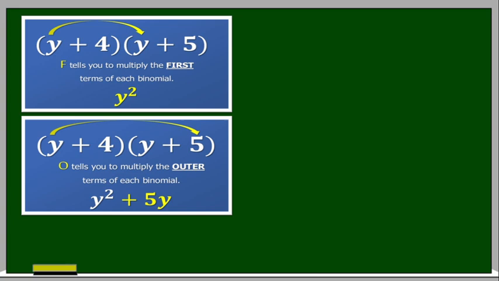O tells you to multiply the outer terms of each binomial, so that is y multiplied by 5, which is 5y. So the product of the first is y squared, and the product of the outer terms is positive 5y. You always include the sign.